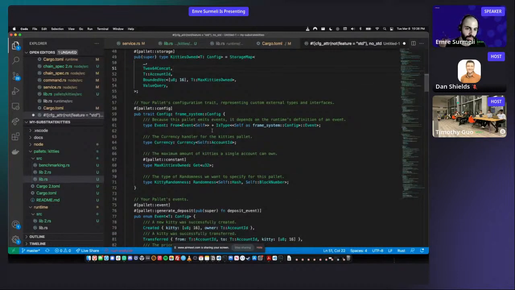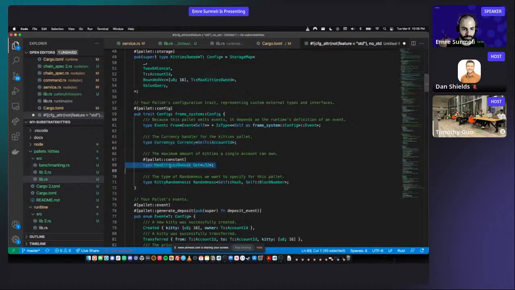So events, again, are really important. As we saw in the front end, when we were running some of these transactions, there were these events that were firing off, right? So these are where we define these events. But first, we have to make sure that it's a part of our configuration to use events. It's a part of our configuration to use currency so that we have this idea of price on the kittens.